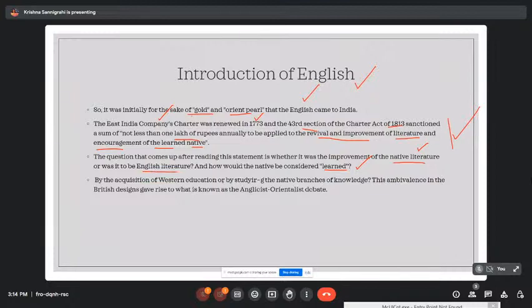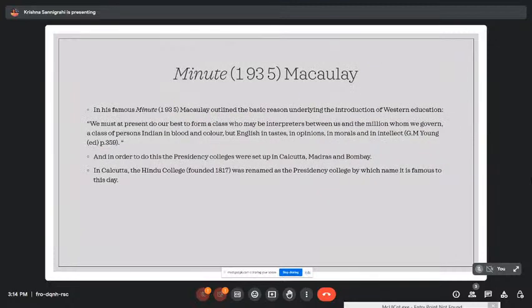This was the Anglicist and Orientalist debate regarding the spread of education. What were they mainly aiming at? Were they aiming to spread the education of the literature of indigenous languages, or were they thinking of including English in the curriculum? So this was an ambivalent question.